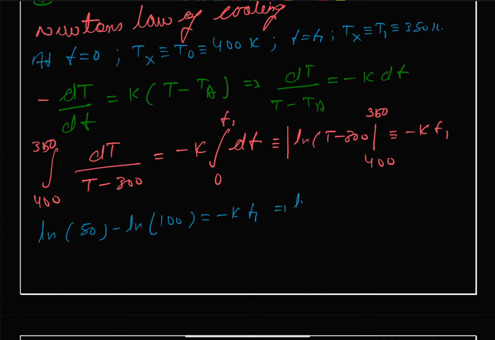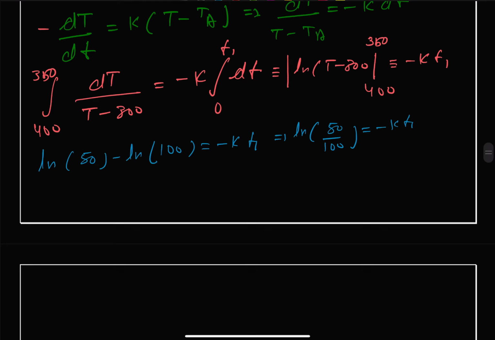This can be written as natural log of 50 upon 100 is equal to minus K T1, and this goes by 2, so this will be minus of natural log of 2 equal to minus of KT1, or we can say KT1 is equal to natural log of 2.